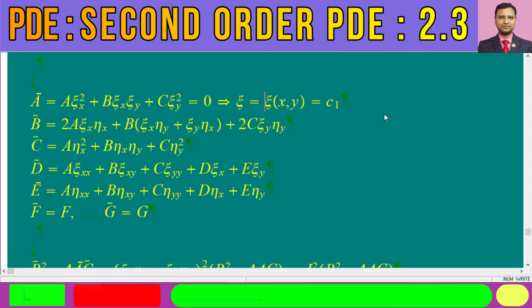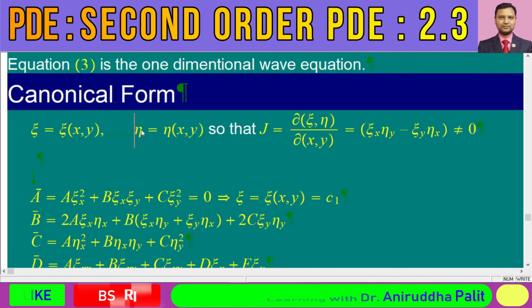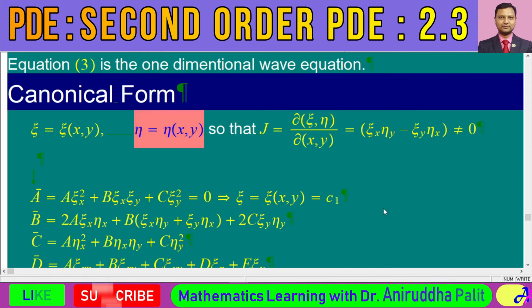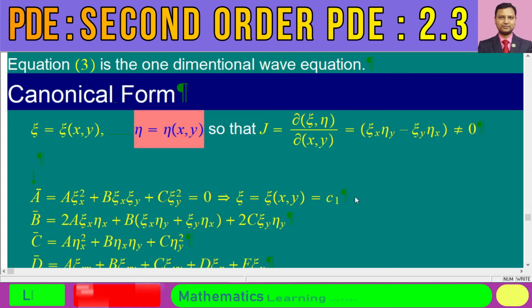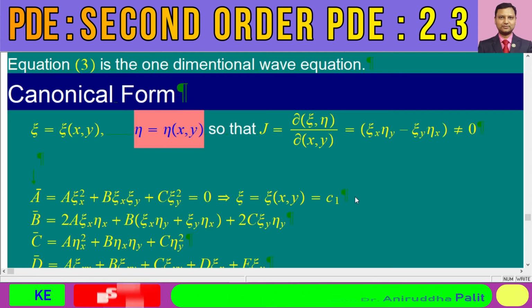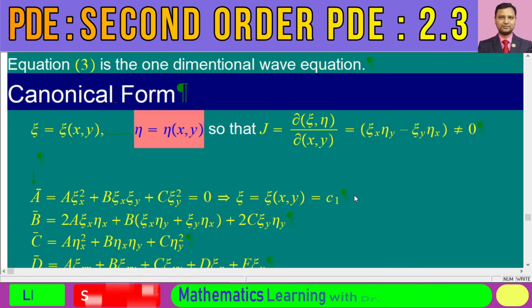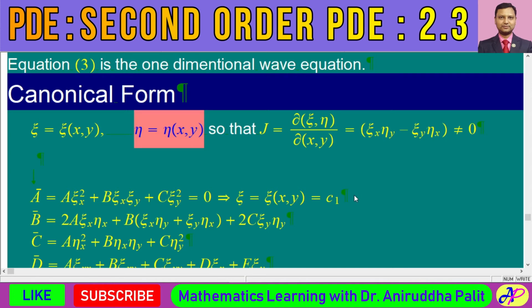Now the question is how can we take the expression of eta? We will have to use our intelligence, which comes from practicing solving different partial differential equations.